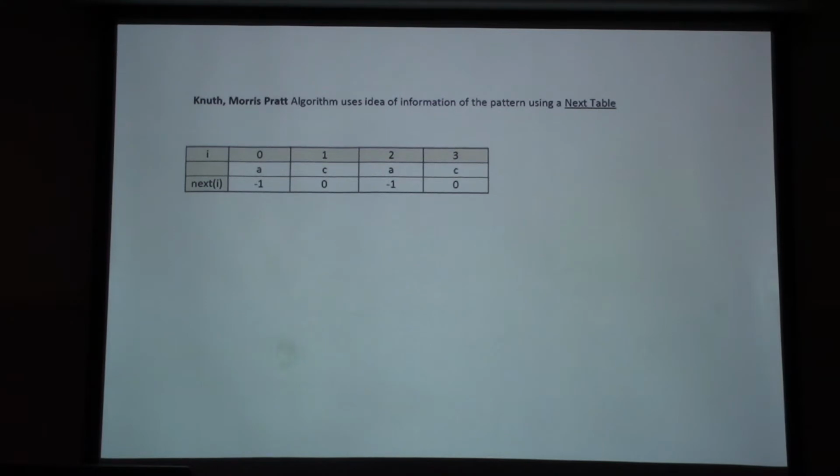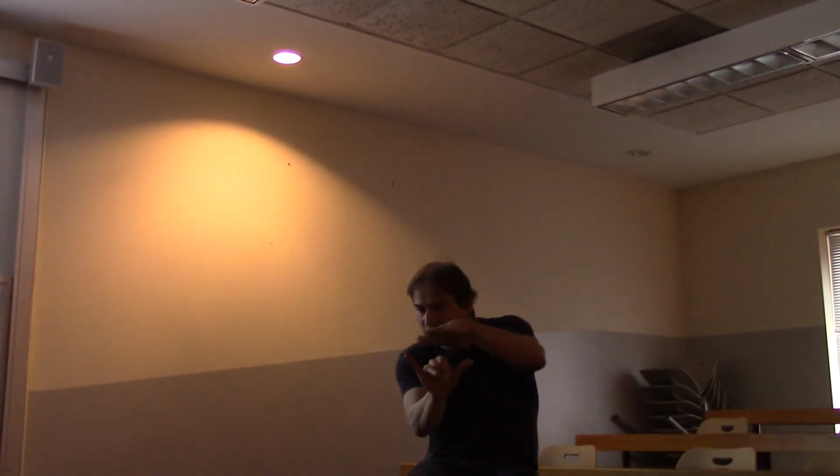We can always imagine that if we're comparing the pattern against a long text, at any point in time, the character in the pattern is indexed at I, and the text is indexed at J. So we're always comparing pattern I against text J. In the event of a mismatch, the next table is showing us the next value of the index for the pattern.